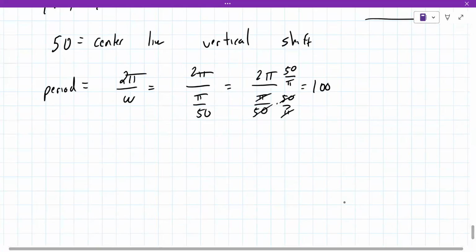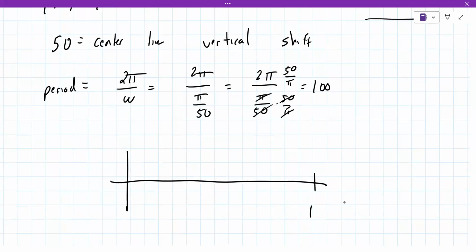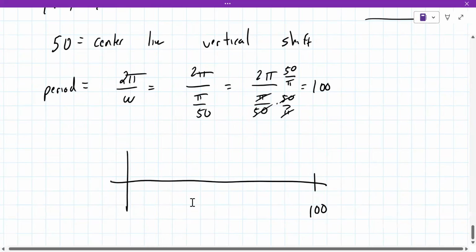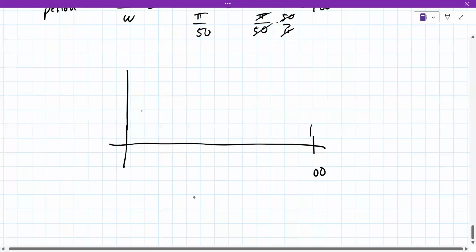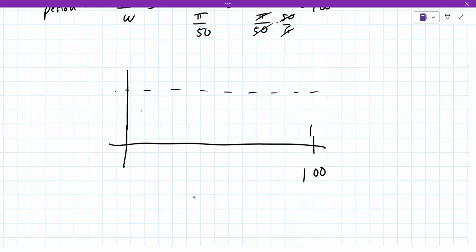The thing that's really helpful about the period is it tells you where your graph goes out to. You know that it goes out to 100. That's where it finally repeats. The center line kind of tells you where to start. This is obviously not to scale, but if you can imagine the center line being at 50, the graph's going to oscillate above and below that point.